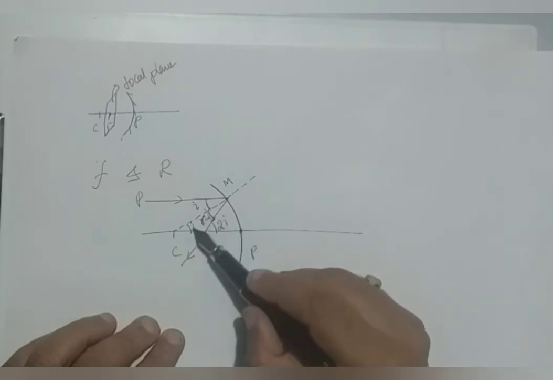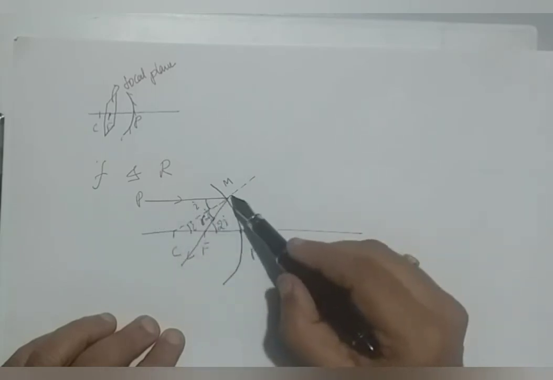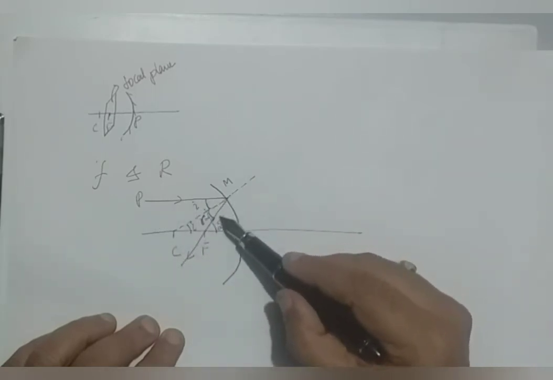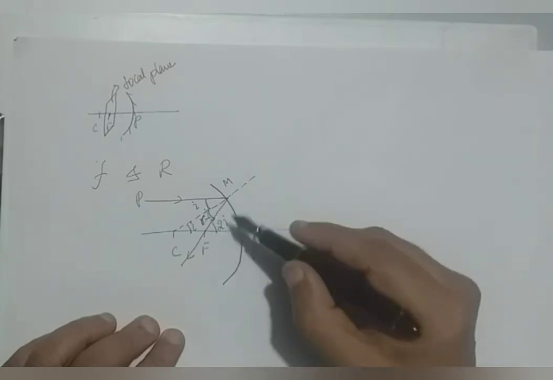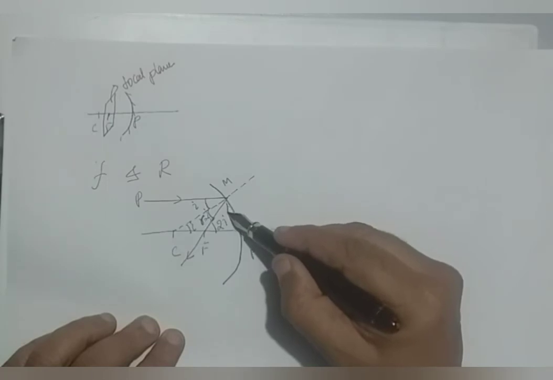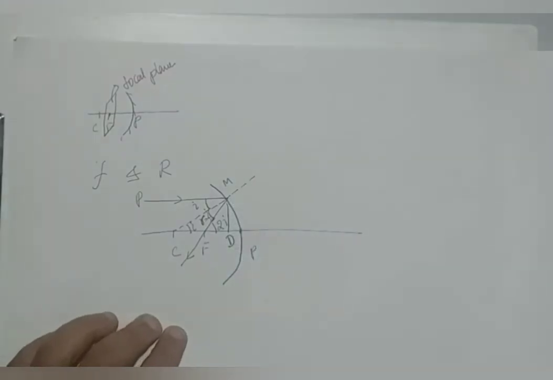This is i and this is i. In the same manner, PM and the slant line MF create two more alternate angles, that is 2i here, 2i here. And also I draw a perpendicular from M to the principal axis at D.